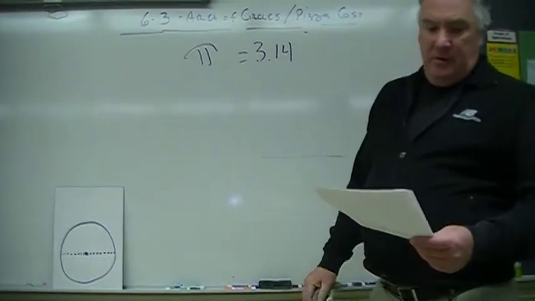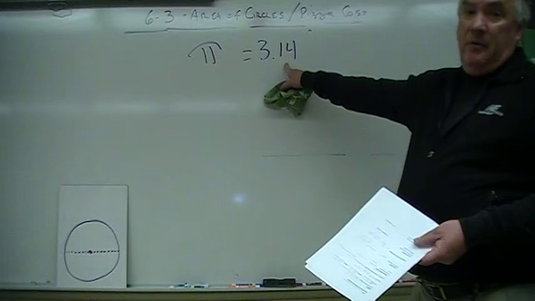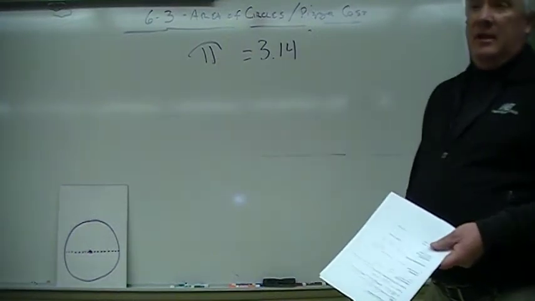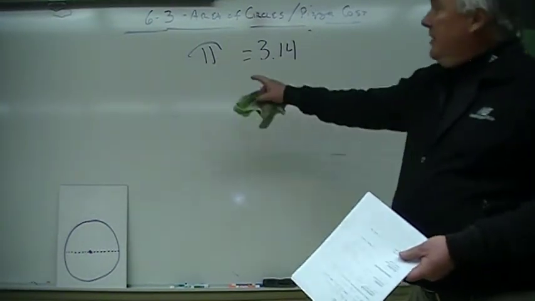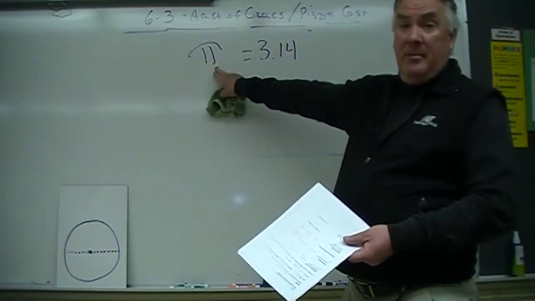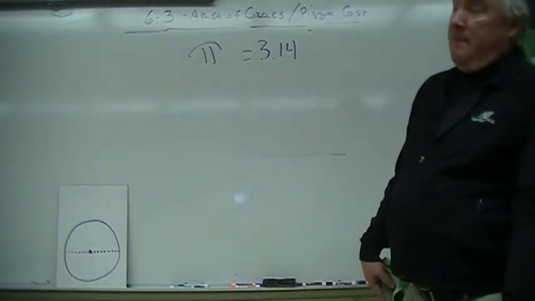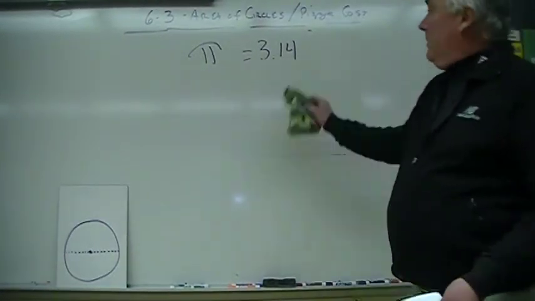In our case, folks, we're going to use 3.14. If you don't have a calculator that has the pi button, sometimes you might want to use the pi button to do your math, like multiply or divide by pi. We will be manipulating pi, meaning multiplying it or dividing by it.